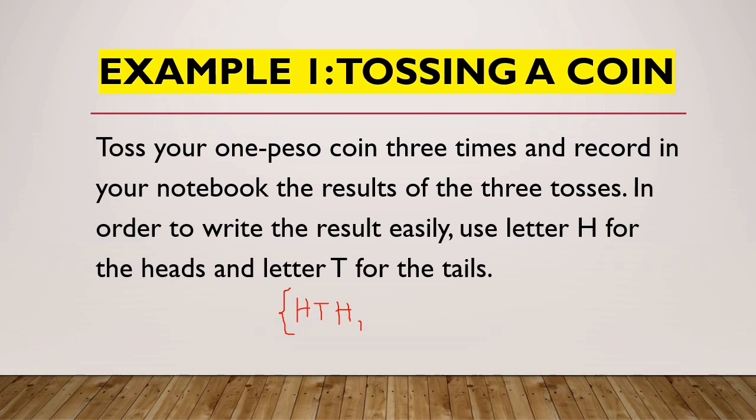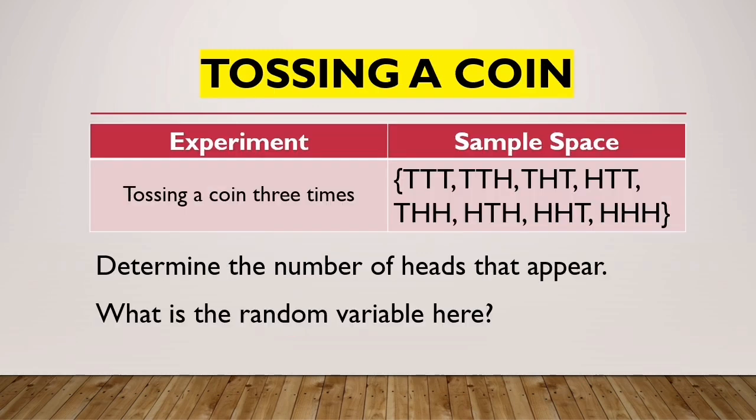It happened that when you toss a coin for the second time, 3 times, it appeared as head, head, tail. So this is just an example.